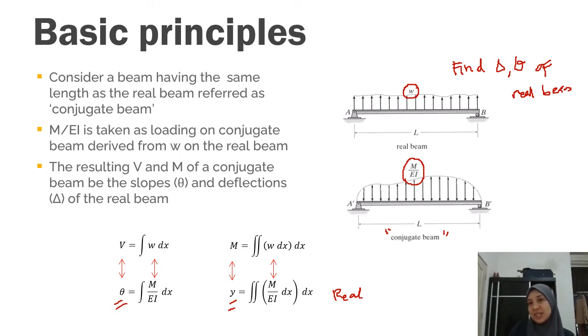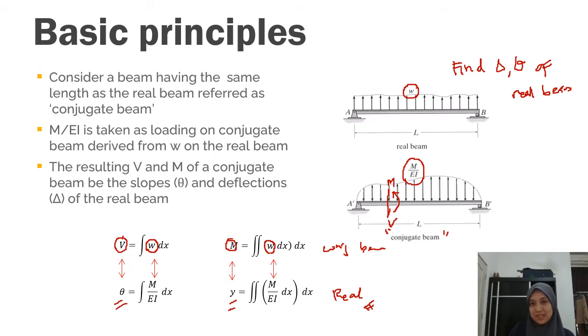So if you change this load to M over EI, and this load to M over EI, then in the conjugate beam, if you cut your section and find the shear and moment inside your conjugate beam, it will actually be equal to the slope and the displacement in your real beam.